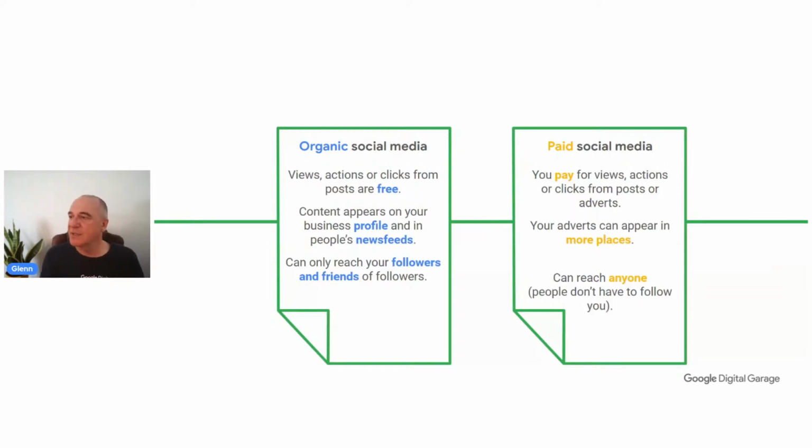Content will appear on your business profile and in people's news feeds, but again, not as many as perhaps a lot of people think. And as it says there, you will only reach your followers and the friends of those followers. So with paid social media, you pay for views, actions, or clicks from posts or adverts.